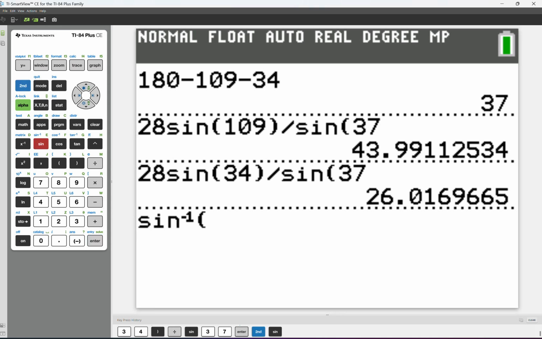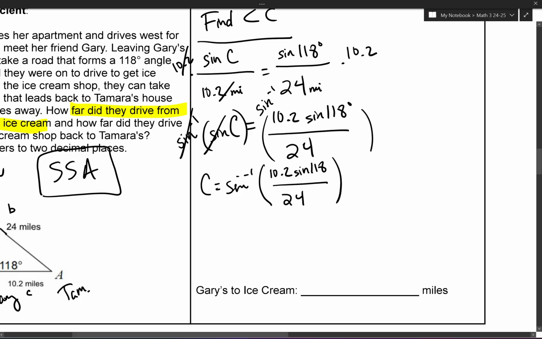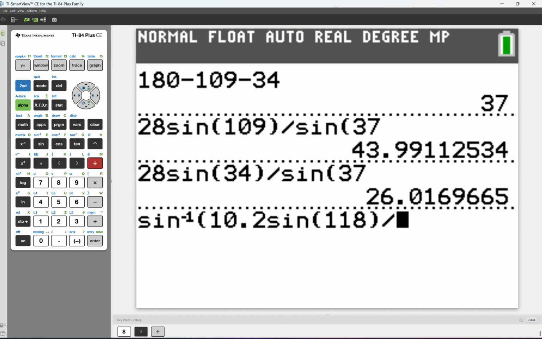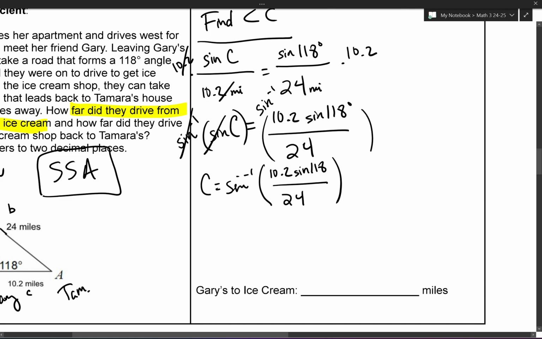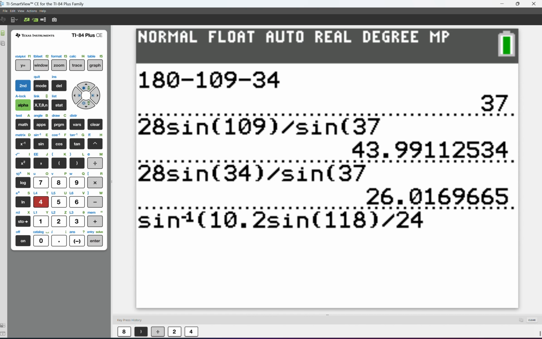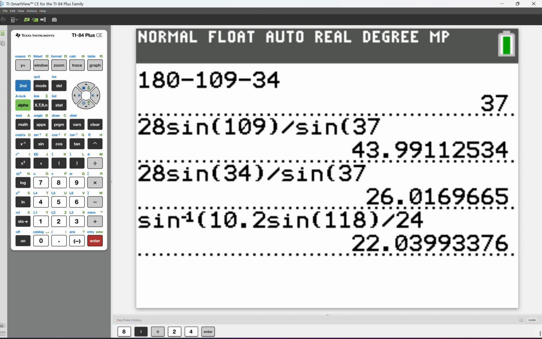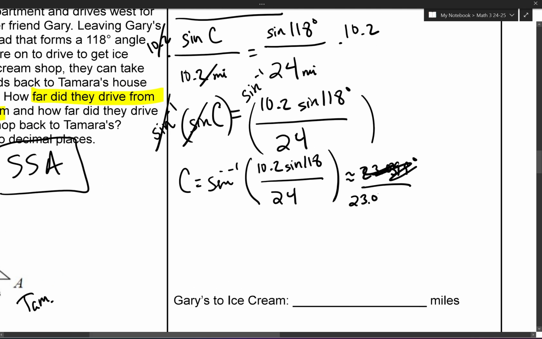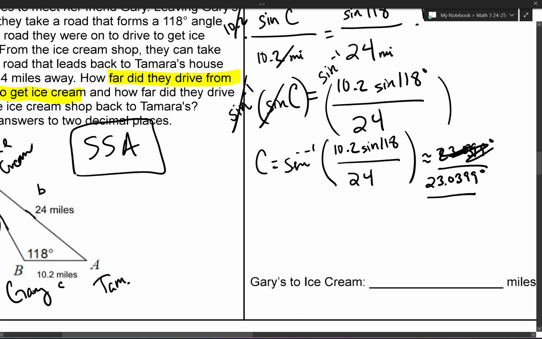Inverse sine of 10.2 times the sine of 118 divided by 24 is 23.0399 degrees. That's angle C.